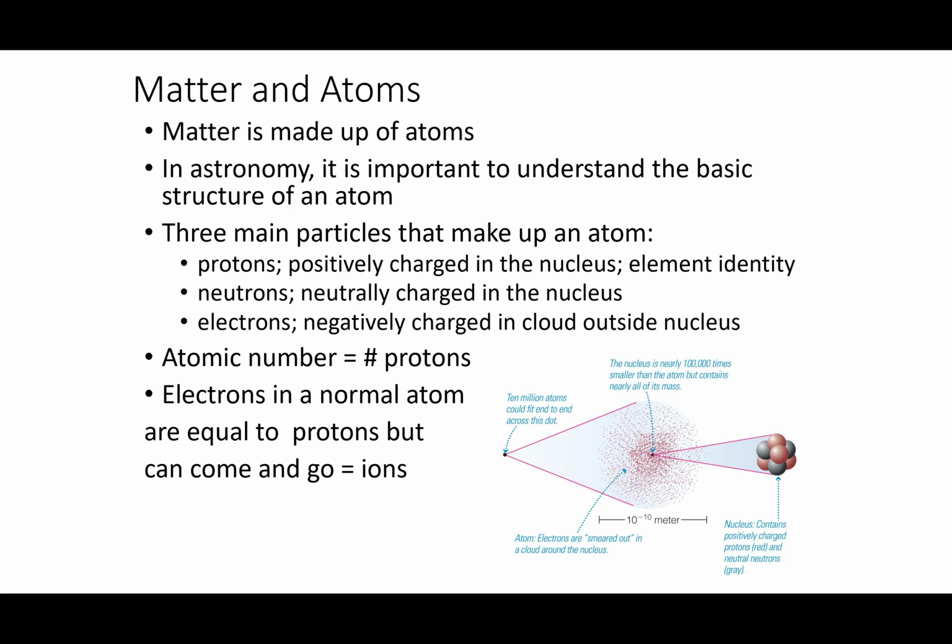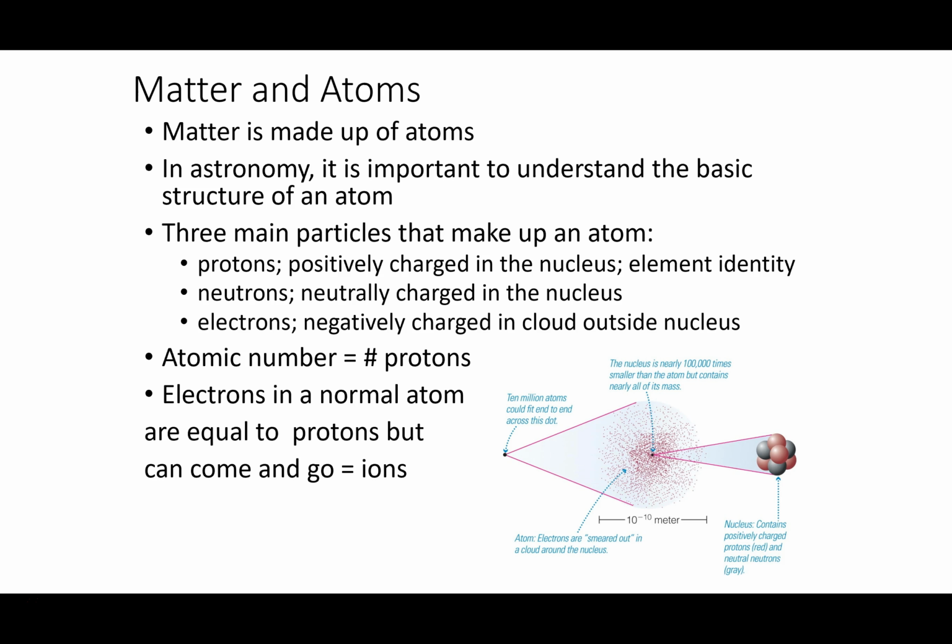Yep, and this is exactly what you said. The number of electrons are usually equal to the number of protons in the center. But does this make sense that if we have the nucleus with the protons and the neutrons, and we have the electrons buzzing around, if anything can come and go, it's going to be electrons. So if we kick off, for instance, 1 electron, that means now we have 1 extra proton compared to electrons.